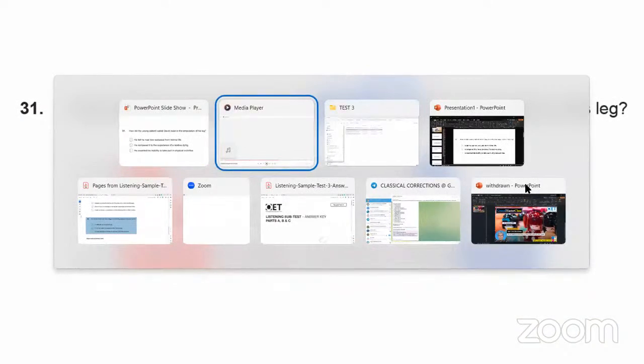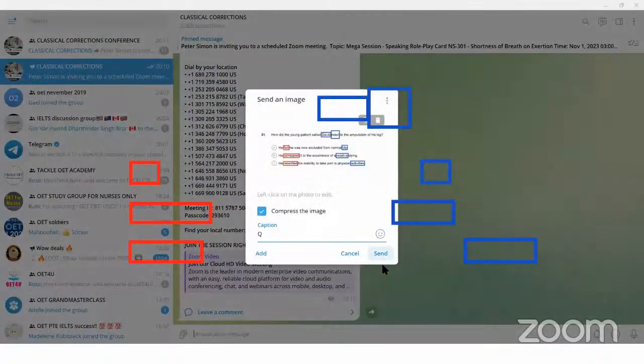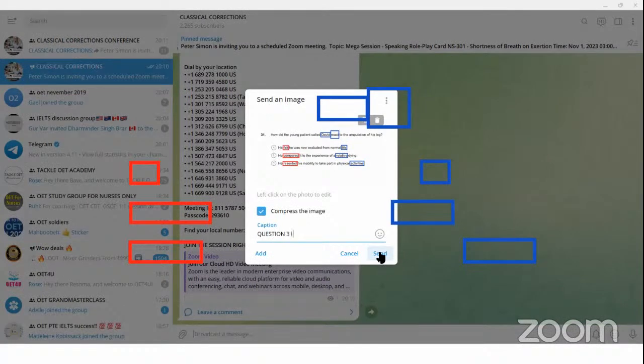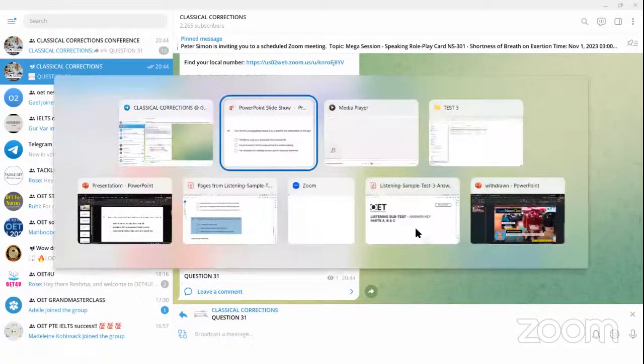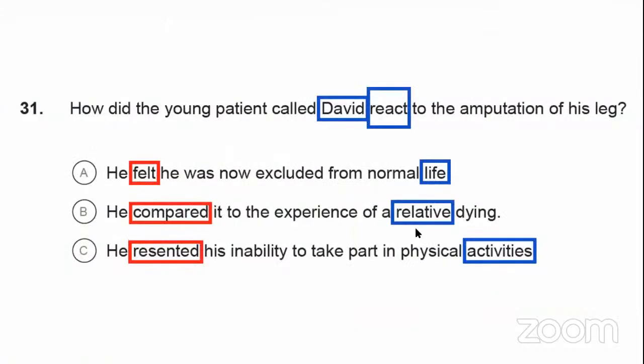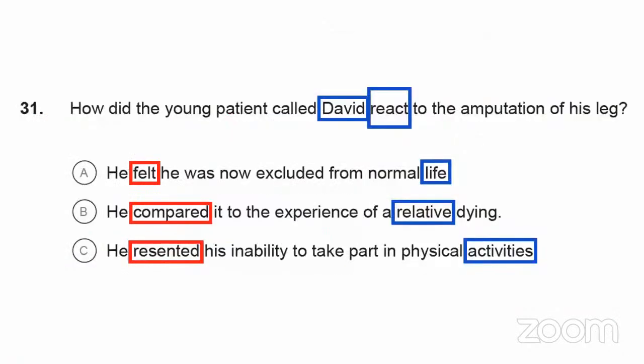Yes. That is question 31. So you have already given the answer, right? So pause and share. I'm feeding the answer here.